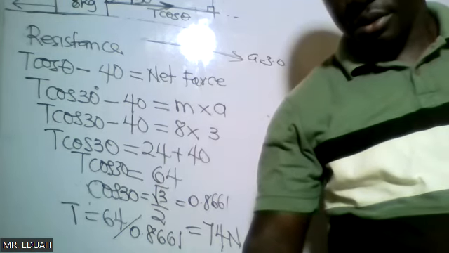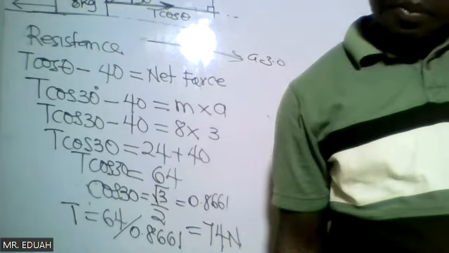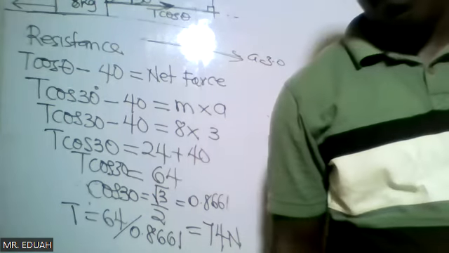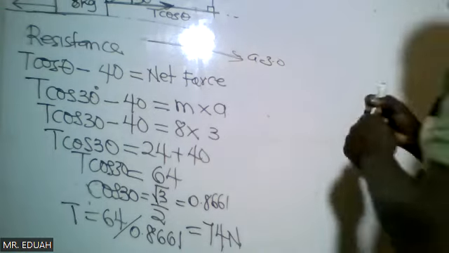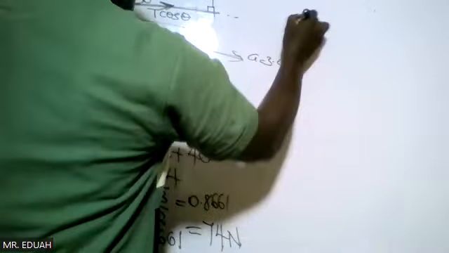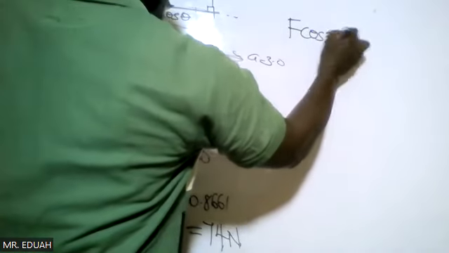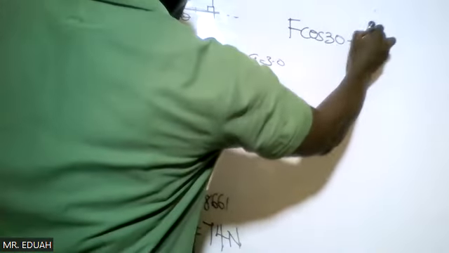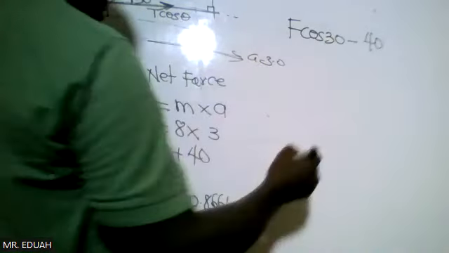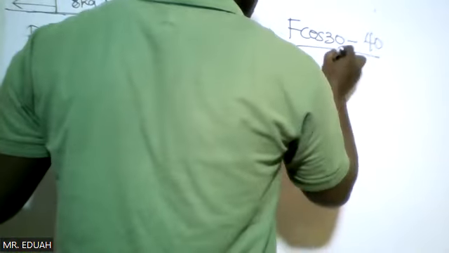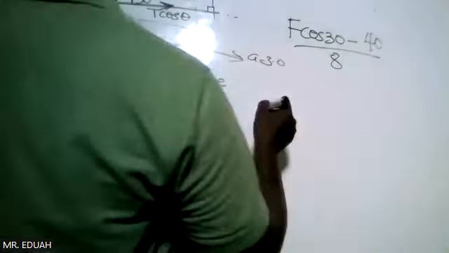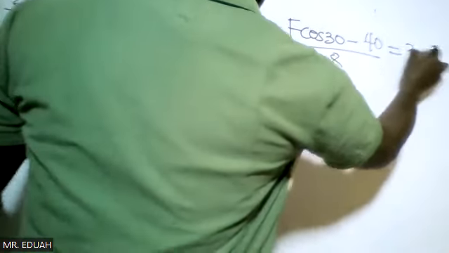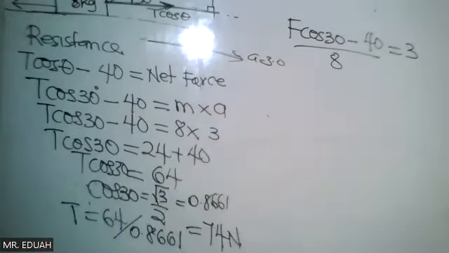Hello. Please, my homework, when I checked it, you marked it wrong. I wrote F cos 30 minus 40 all over 8 is equal to 3. Come again. F cos 30 minus 40 all over 8, it's equal to 3. And then you marked this one wrong. Are you sure?